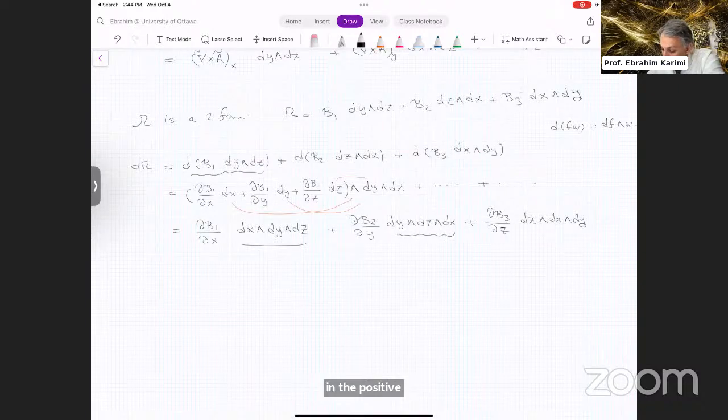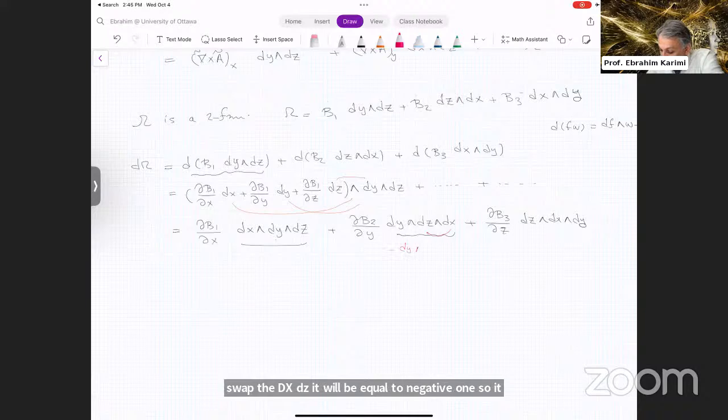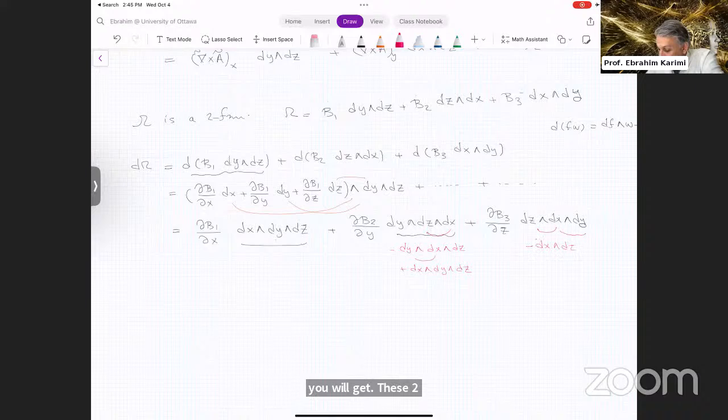Now let's swap these. Swapping dx and dz gives -1, so it will be negative dy wedge dx wedge dz. Swap these two together and you get positive dx wedge dy wedge dz. So it's a positive sign. The same if you do that for the other term: you will get minus dx wedge dz wedge dy, and swapping these two together you get dx wedge dy wedge dz.